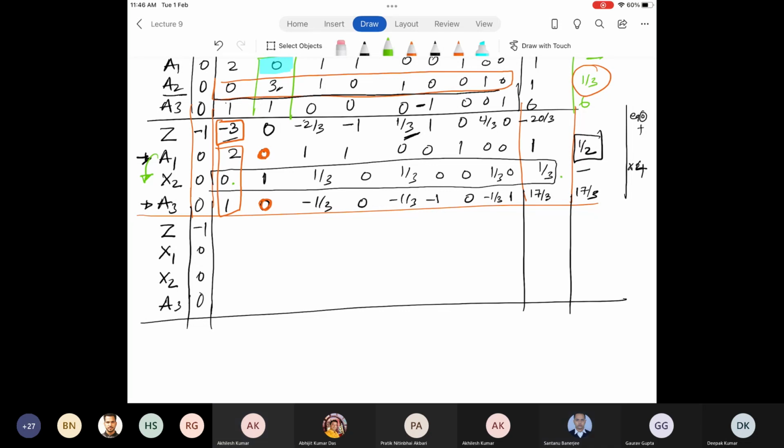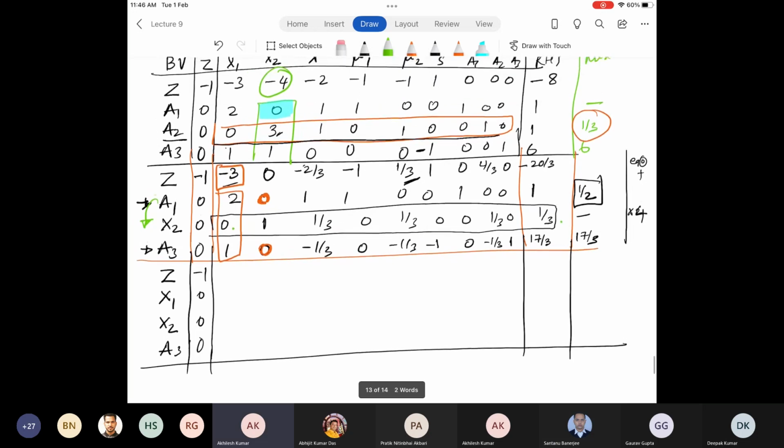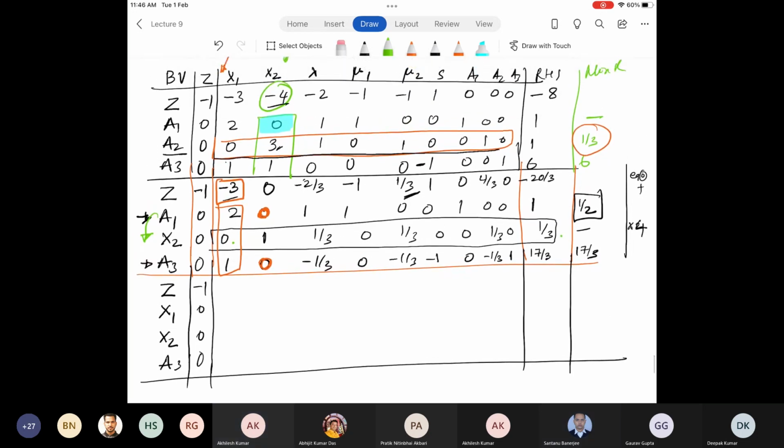Can you just tell me the column number? X1, first column. And which row? Sir, actually not that one, sir. Z, the column Z. And the last one, last X2 where you have written.